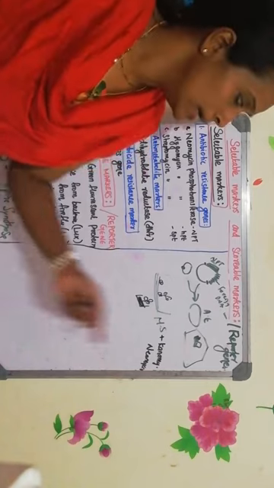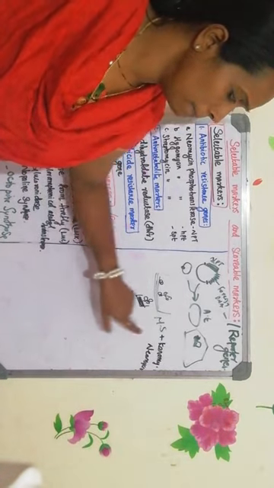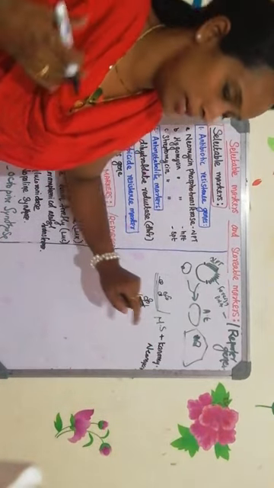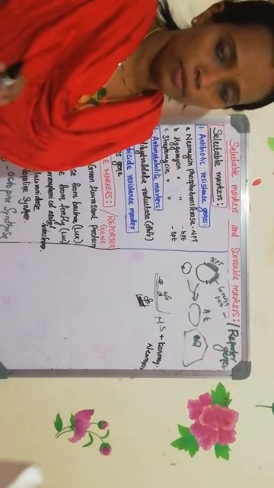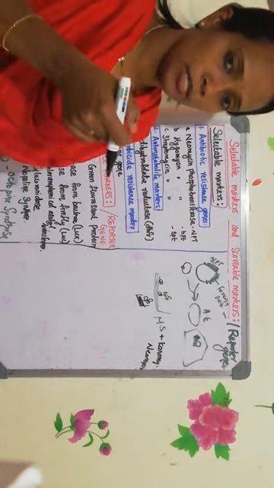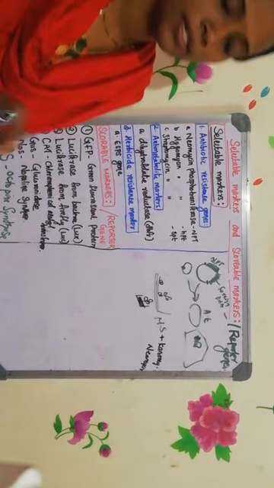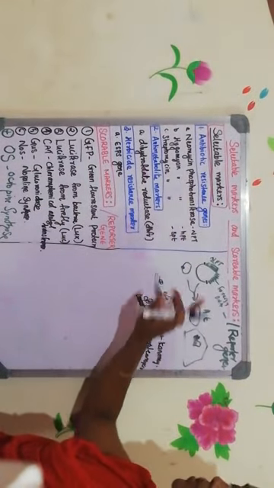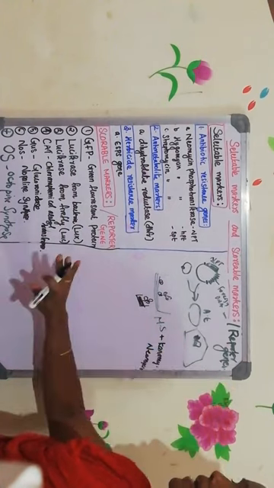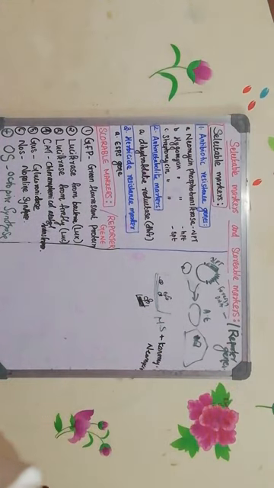Once you get the plantlet, you need to spray kanamycin or neomycin. Either you can put it in the soil and see whether the plant is growing, or you can spray it near the stem. If it survives, that means it has the neomycin phosphotransferase. This is how you select the transformed plant cells with neomycin phosphotransferase. It is the same for hygromycin and streptomycin.